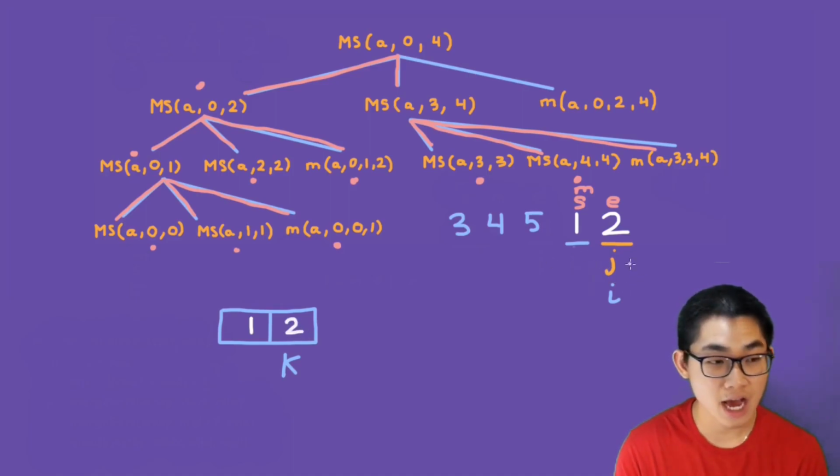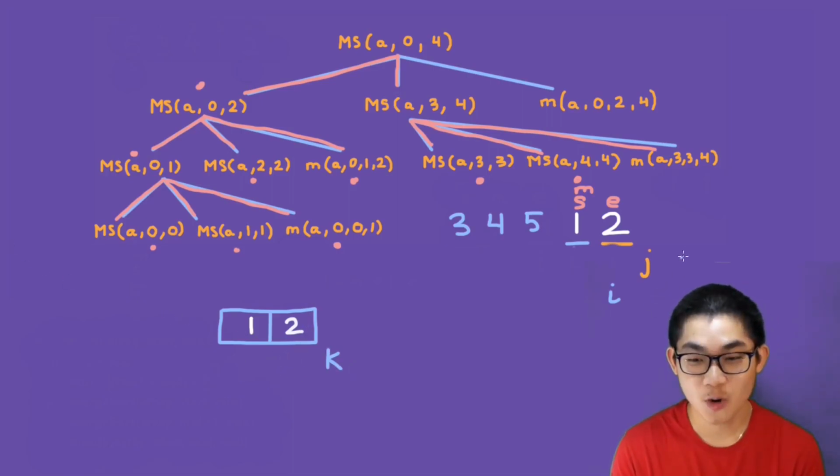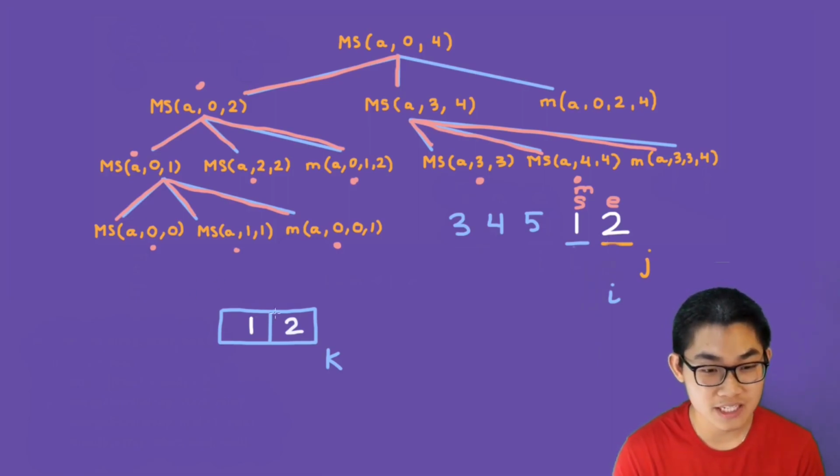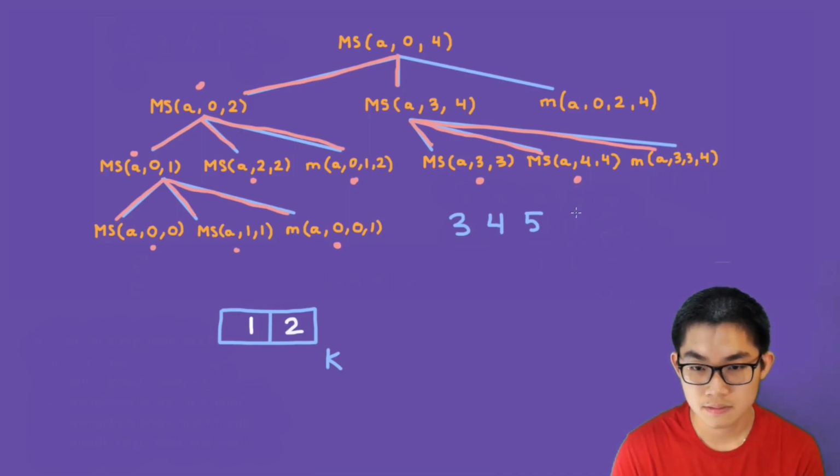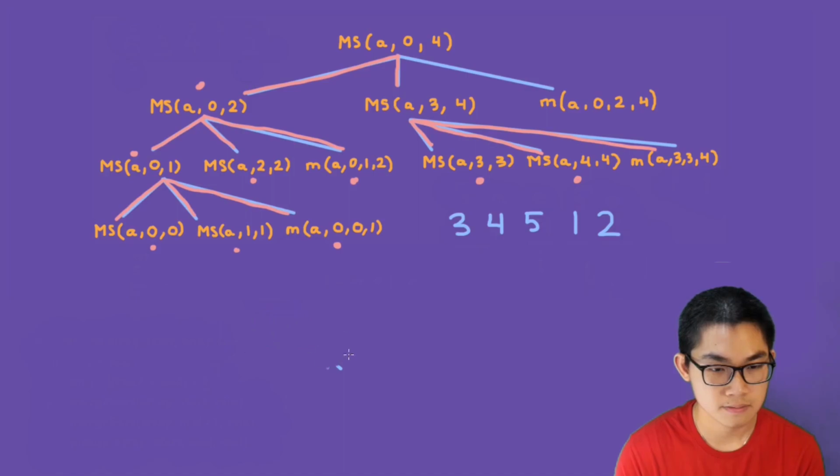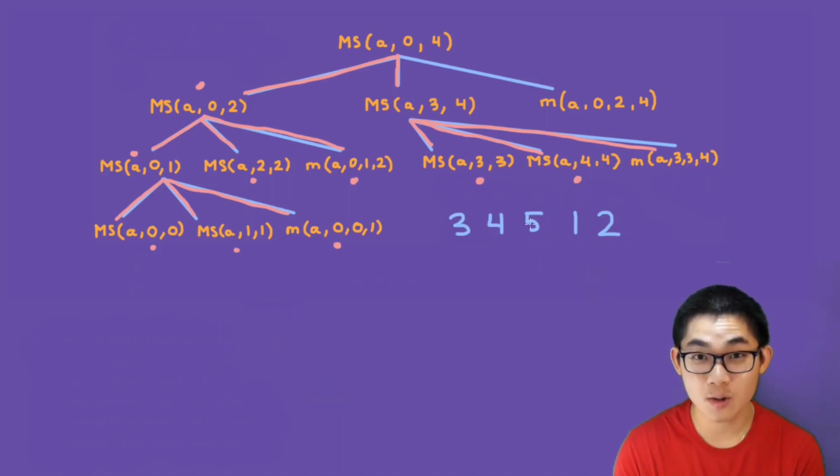We move j up, and we move k up. So both I and j went out of their boundaries, which means that the merge is finished. So all we have to do is put this back into our array. So this is what our array looks like after we finish this merge function.